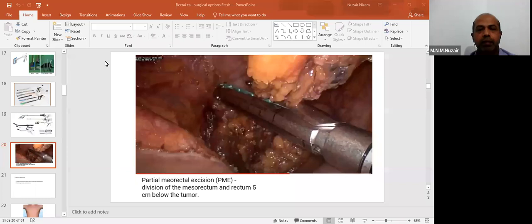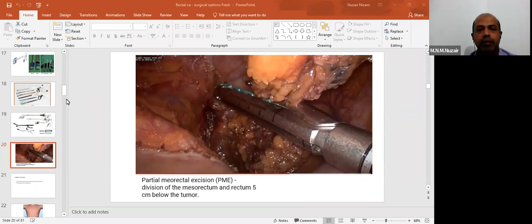Otherwise, you might find it difficult to apply the stapler. Usually this is done for upper rectal tumors. For mid and lower rectal tumors, we have to perform total mesorectal excision.